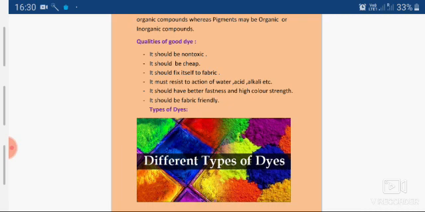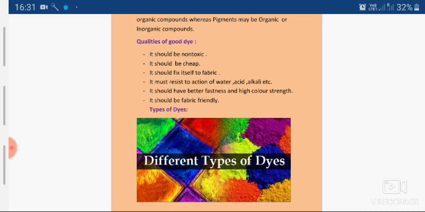The dye must fix to the cloth, so that it can resist the attacks of acid, water or alkali or any other washing material or dry cleaning materials. Also, it should not wash away with the use of detergents. It means it should be resistant to detergents also.